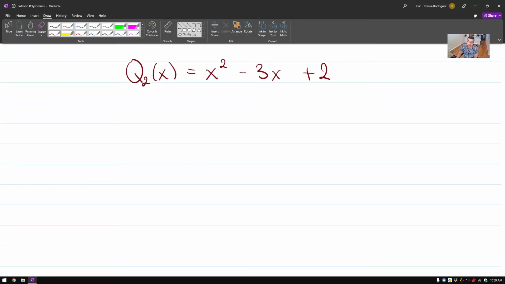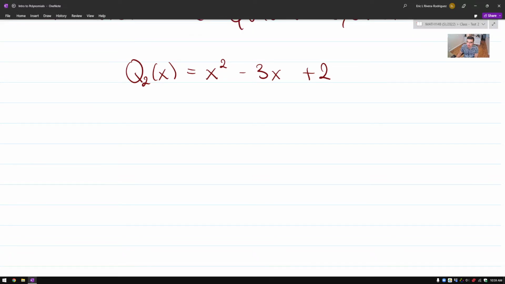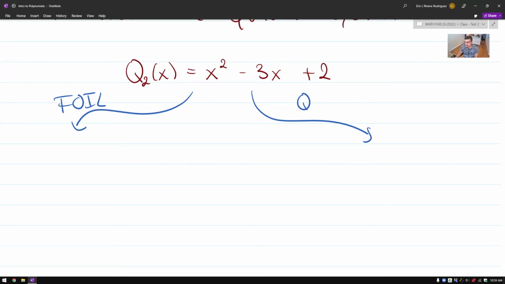So we have two techniques to use. There's one that is always going to work, and there's the other one that you need to know how to use, because it doesn't work in all the cases. We have the FOIL method, and we have the quadratic formula.